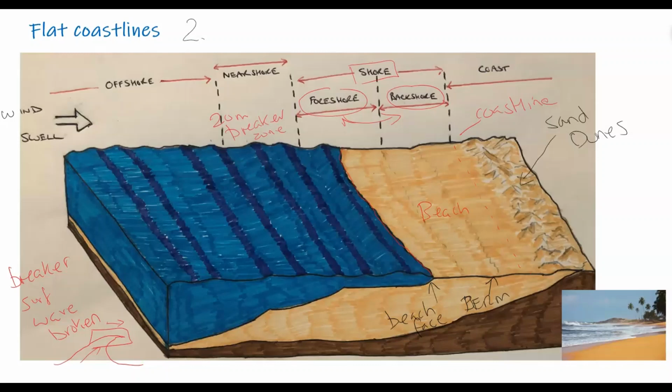Now, the offshore part right here extends from where the breakers start to operate and the surf is active on the beach, all the way out to the edge of the continental shelf. That could be 10 miles, 50 miles, even as much as 50 miles, depending on the location.